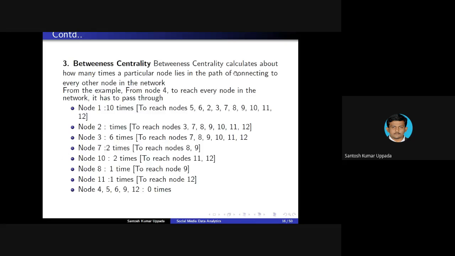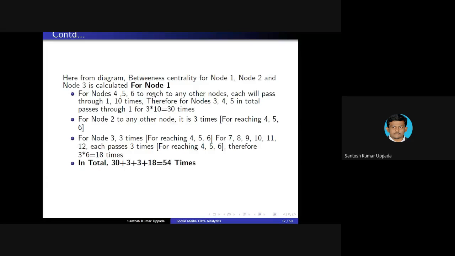That we term betweenness centrality. So I have computed the betweenness centrality for different nodes, like node 4, for which it is 10 times. We calculate for each and every node. For example, for node 1, we have got 54 times on the whole.